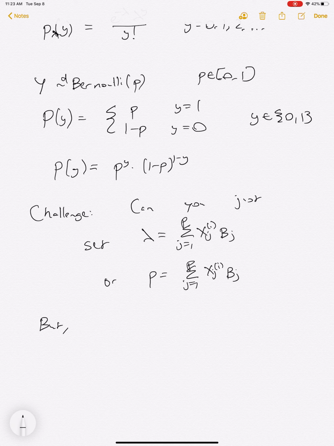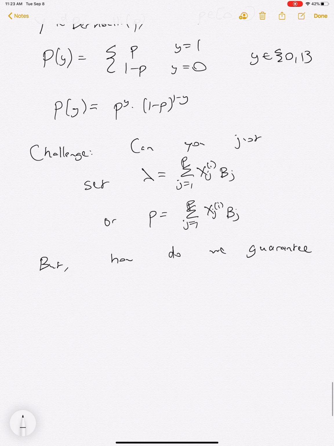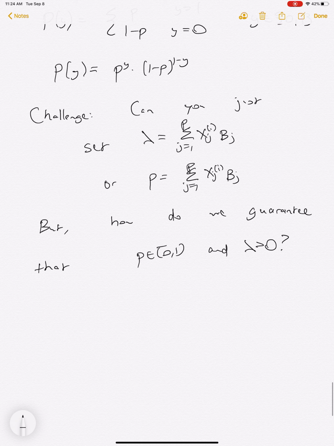But how do we guarantee that p is between 0 and 1 and lambda is greater than 0? Because the x's are just covariates, they can be anything, and the b's are the feature coefficients, they can also be anything.